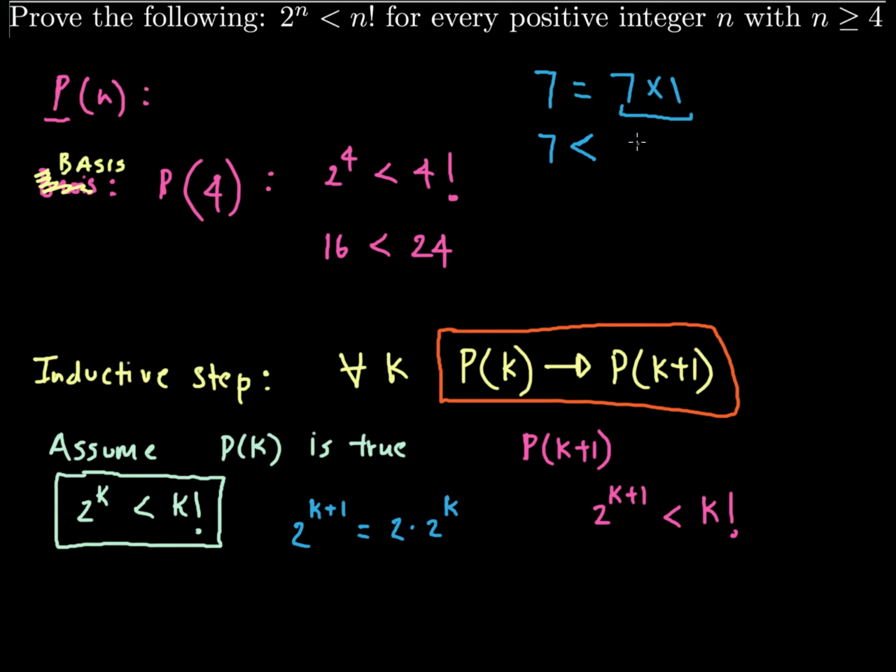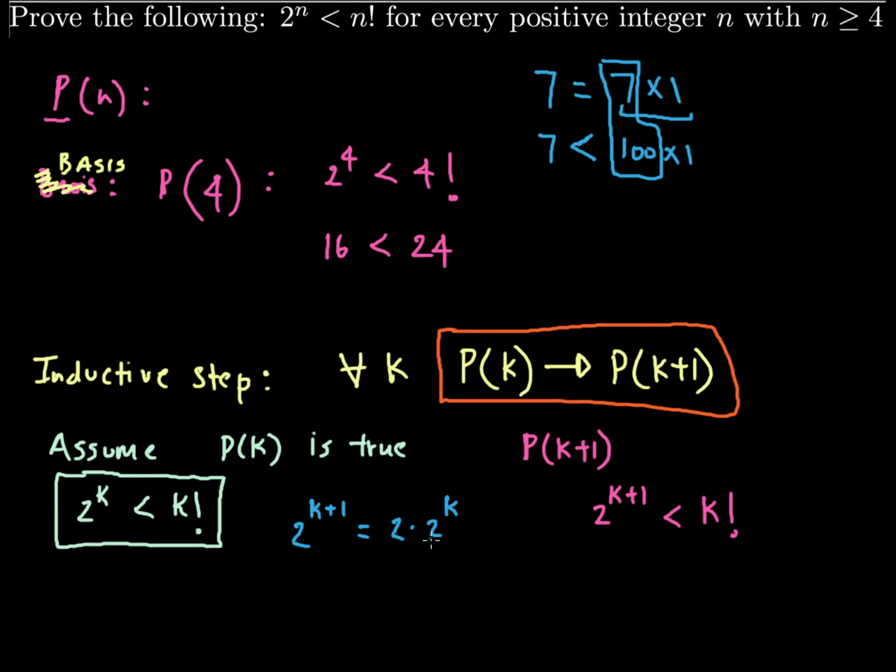Meaning that if I replace 7 with a number that is greater than 7, something like, let's say, 100, this definitely is a number that will be greater, and because it's greater, this equality has been changed into this inequality sign. So 7 in this case has been replaced with a number that is greater than 7, which happens to be 100.